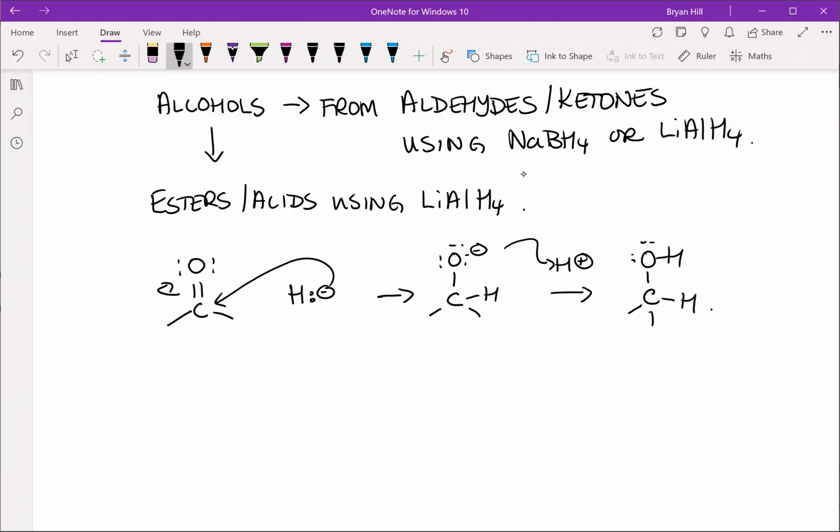Now, you could replace this H minus with R minus and do exactly the same thing. So we just need to figure out how to make an R minus.